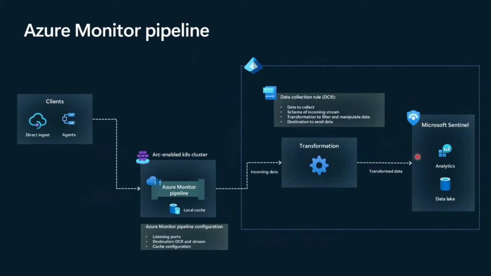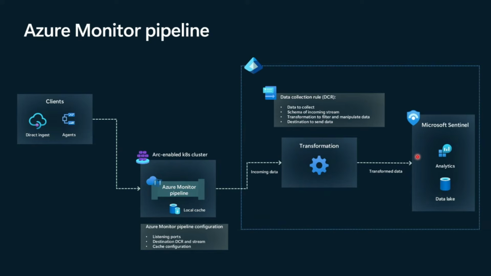And this is an overview of how the Azure Monitor Pipeline is actually working. So we're able to ingest into the Azure Monitor Pipeline through direct ingest or any agents. And this is ingested into the Arc-enabled Kubernetes cluster, which is what the Azure Monitor Pipeline is based on. There's also the Azure Monitor Pipeline configuration. There are three main components for that. The first is the listening ports, where it wants the data to be collected from.